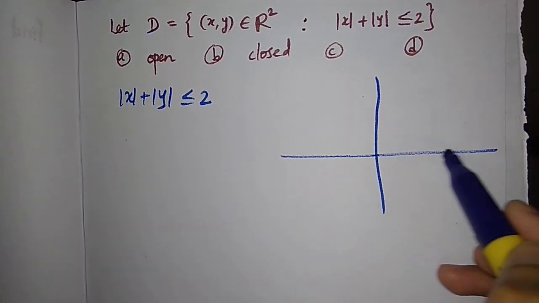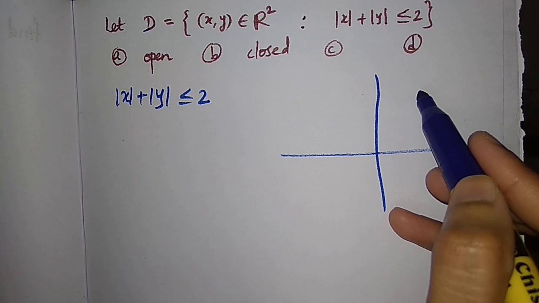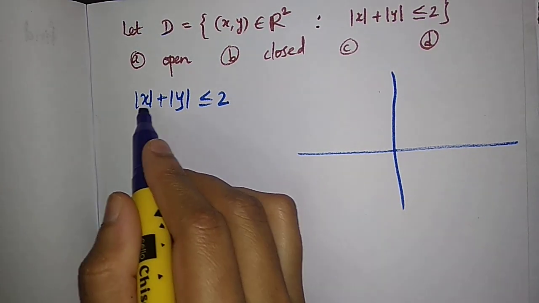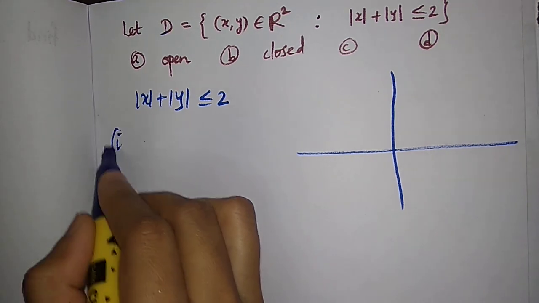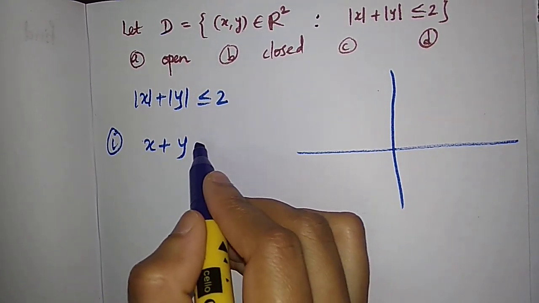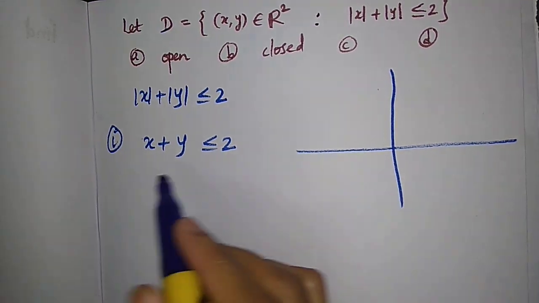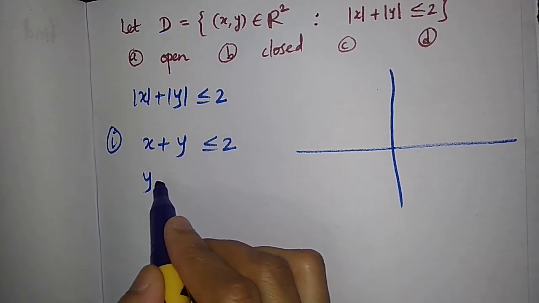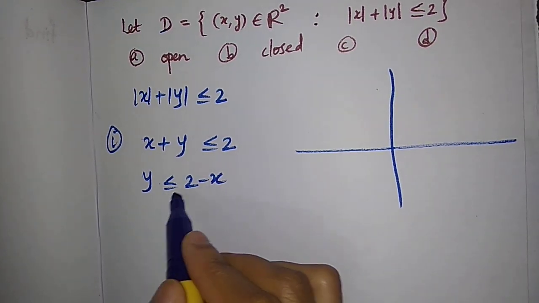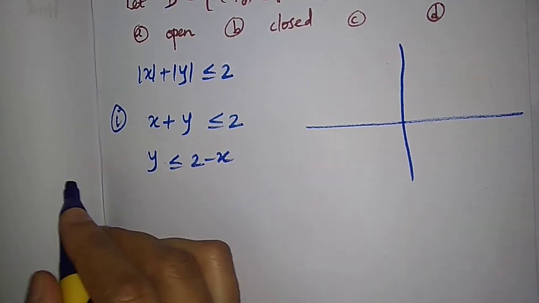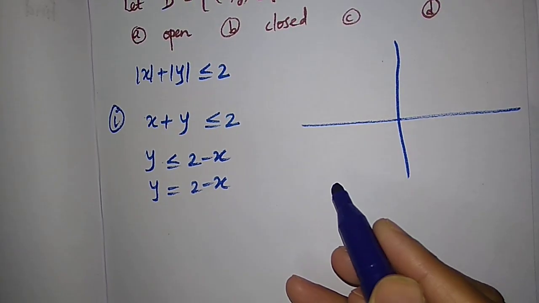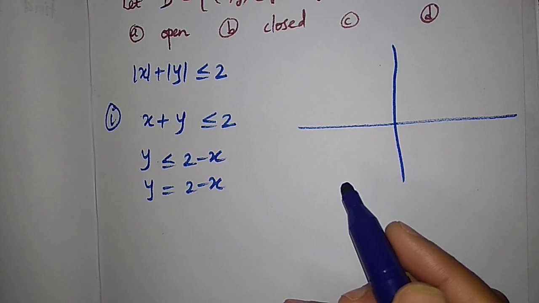So in the first quadrant, we have x and y both positive, and by the definition of modulus, when x and y are positive, mod x is just equal to x, similarly mod y is equal to y, which is less than or equal to 2. So this gives us y is less than or equal to 2 minus x. When you write this in the equation form, it is just y equal to 2 minus x, and hence it is just a straight line.